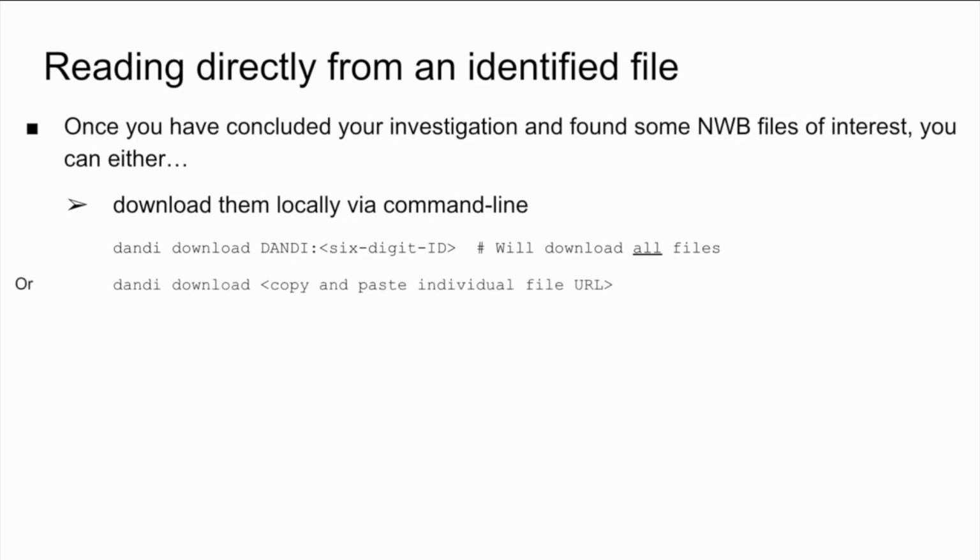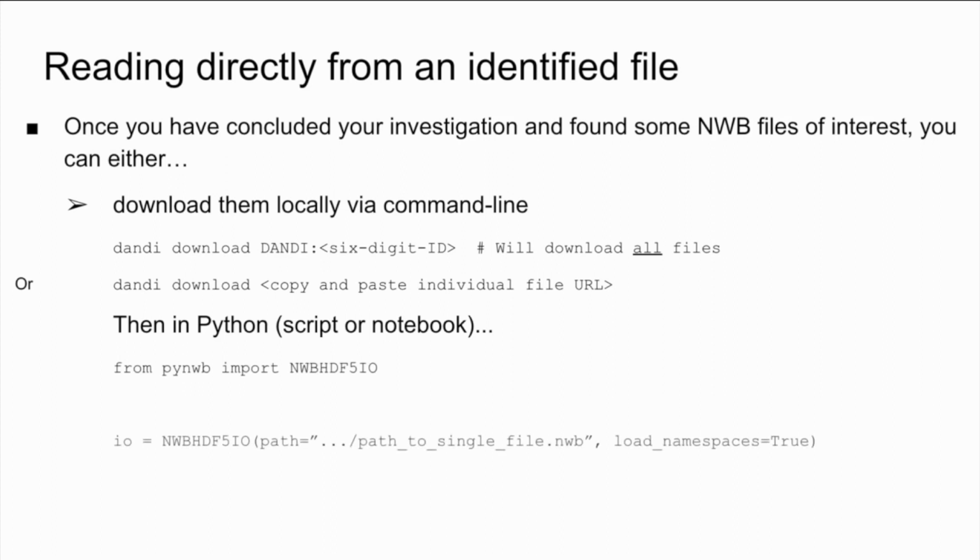So if the data set has really big files, or lots of really big files, then you're especially in trouble there. Control-C will break you out of the execution of the download. But you can also just copy and paste the URL of an individual file asset that you see on the archive, and it will download just that one file.